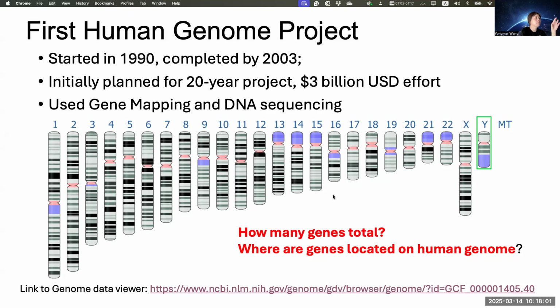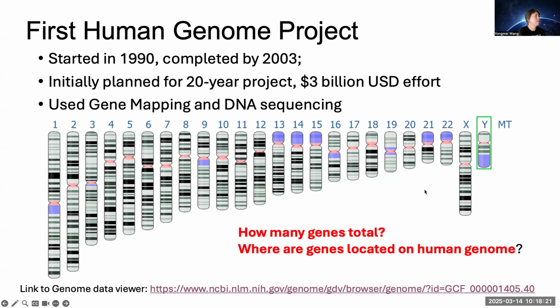And these 20,000 coding genes, in terms of the number of DNA base pairs in the entire human genome, correspond to only about 1%. So a lot of the base pairs are actually not coding genes.